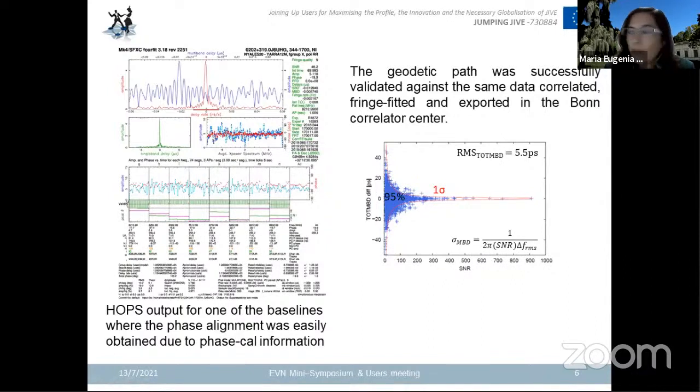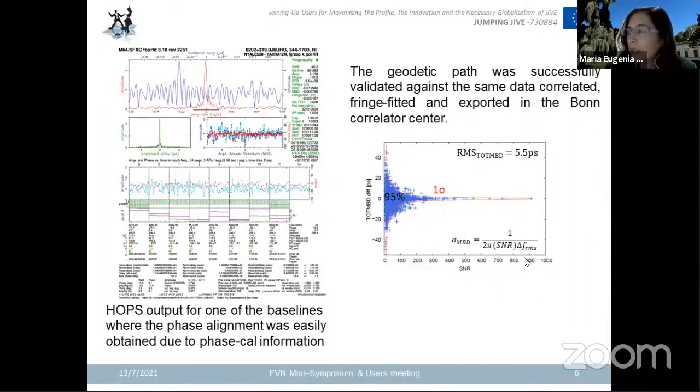And here we have a picture, which is basically the comparison between the correlators. It shows the total multiband delay differences in picoseconds against the SNR, following this formula provided by Rioja.